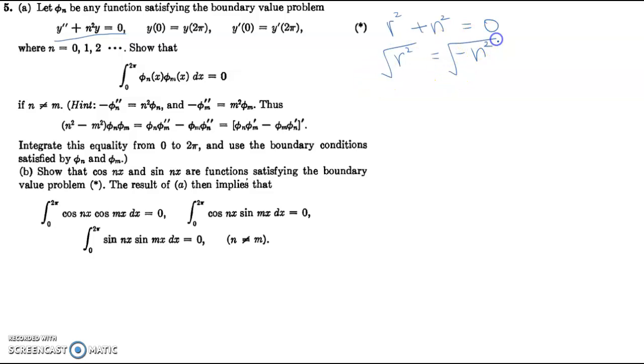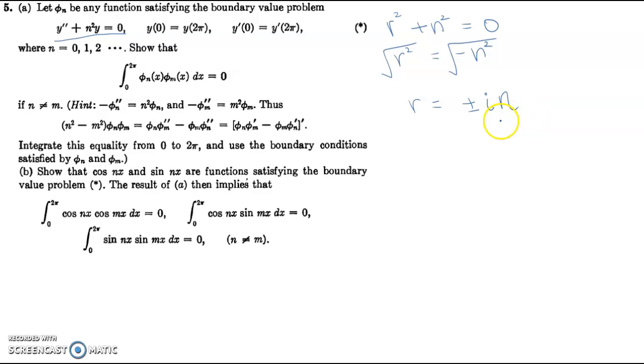And let's apply square roots. So we have r equals plus minus, negative 1 will come out as i, and the square root of n squared is just n. So these are our two solutions, positive i and negative i times n.